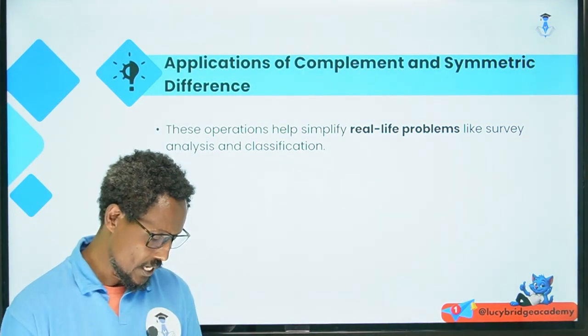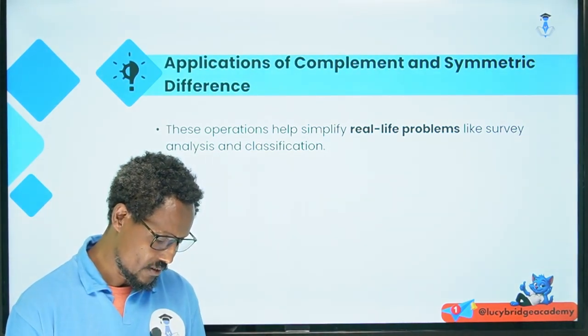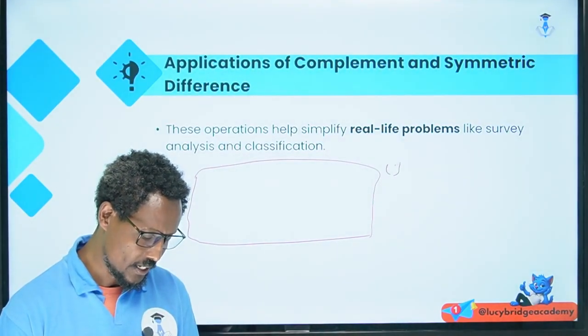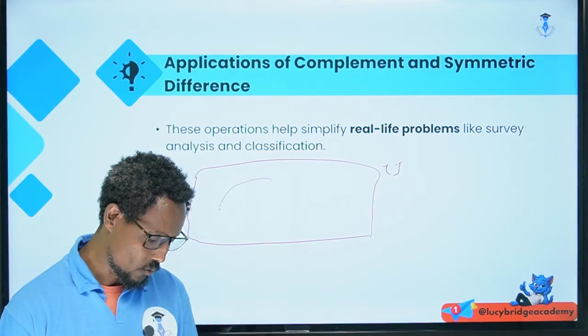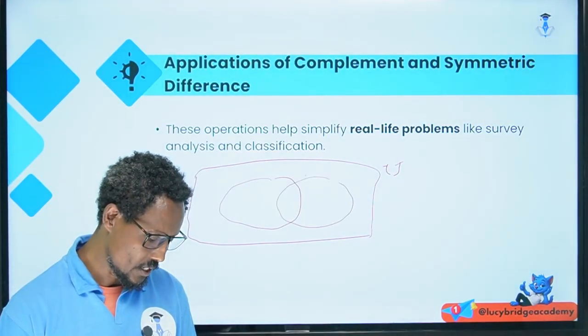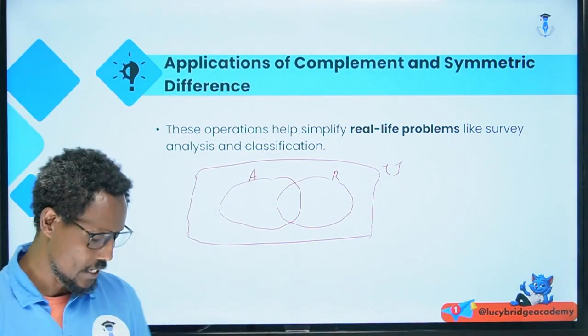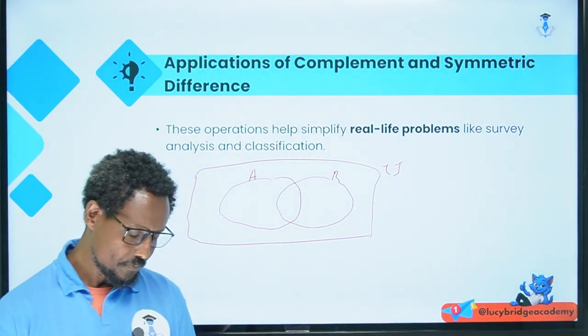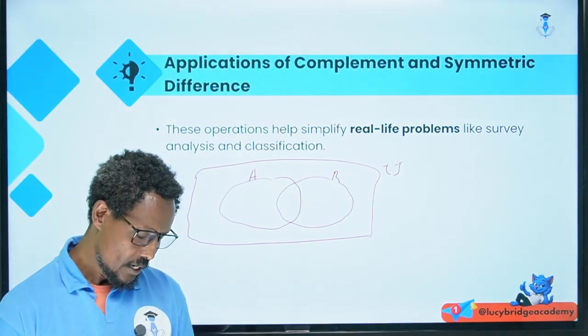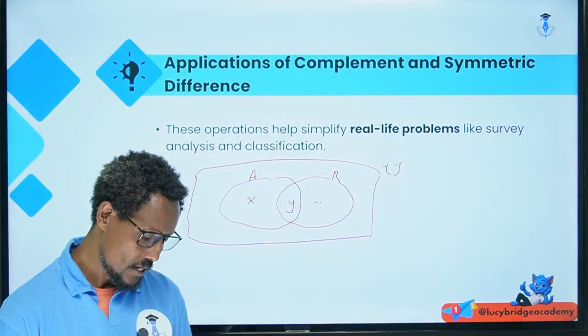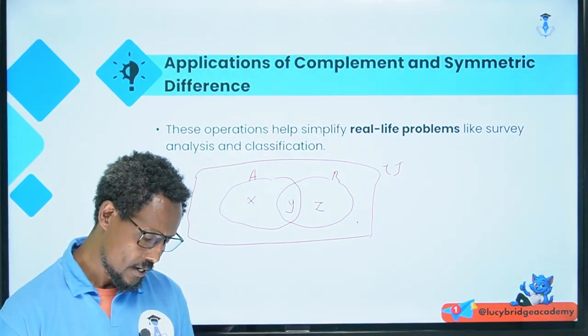Look, let me show you using diagrams, symmetric difference and complement. Assume this is our universal set U, and assume we have two circles, circle A and circle B. Now, let me take x, y, z, and r.